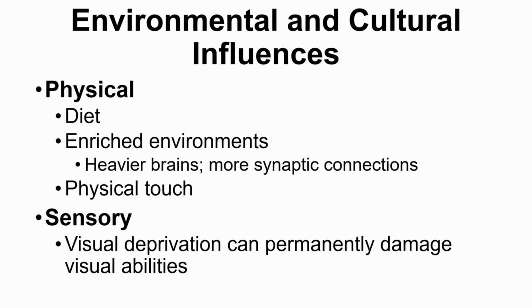And they did the opposite, only raised in horizontal environments with no verticals. Same thing, they lost their ability to perceive vertical. So deprivation, especially if it covers, say, a critical period, can end up causing permanent detriments in your ability to perceive.